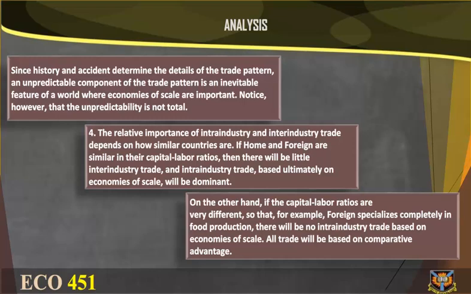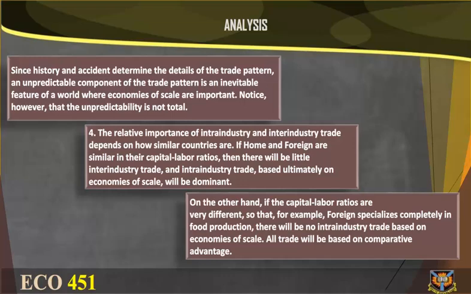Since history and accident determine the details of the trade pattern, an unpredictable component of the trade pattern is an inevitable feature of a world where economies of scale are important. Notice, however, that the unpredictability is not total.